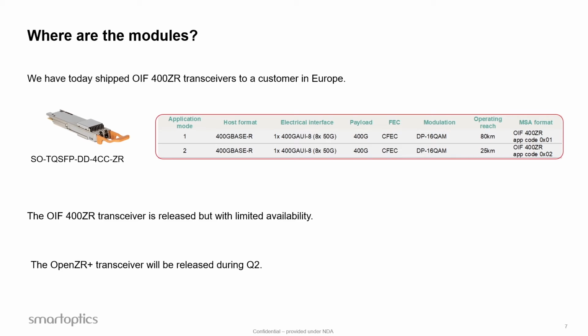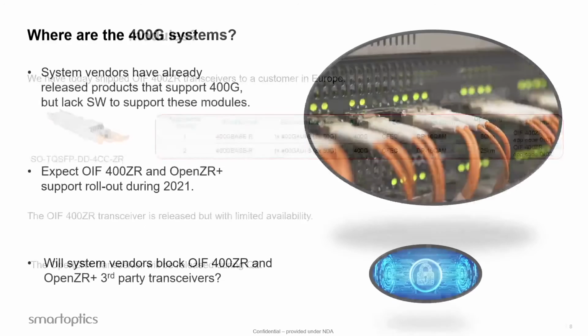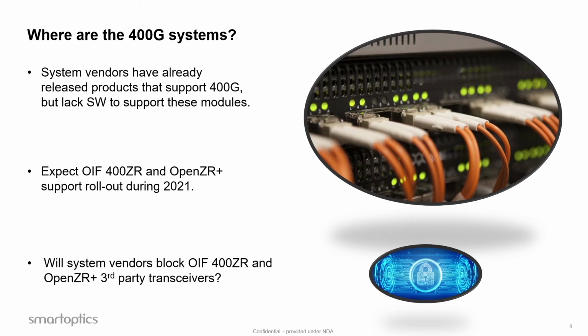Does it work this way today? Well, it's a little bit hard to say, because today, as you know, pretty much all vendors have released several different flavors of switches and routers with 400 gig ports, but very few have released with GA software support for OpenZR Plus optics or OIF-based 400ZR optics.